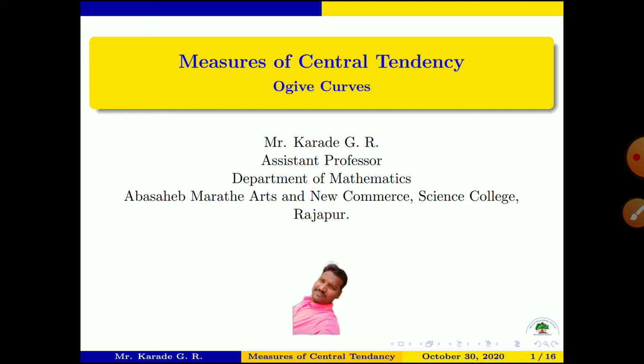In this lecture, we will study how to construct an Ogive curve of more than type. In the previous lecture, we studied how to construct an Ogive curve for less than type.